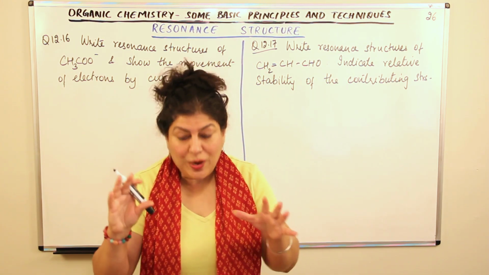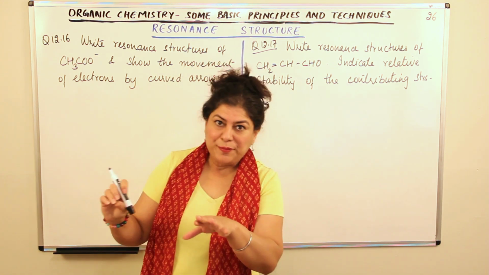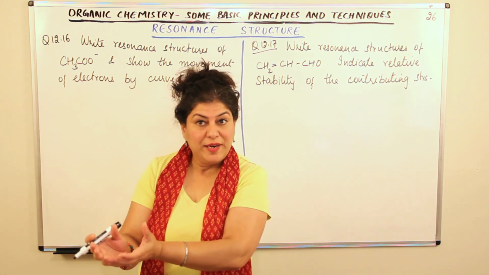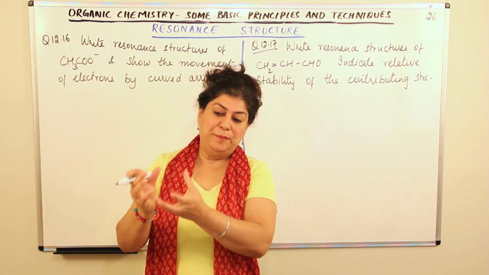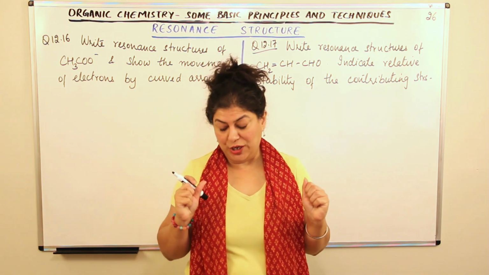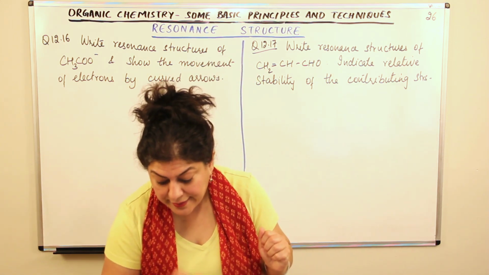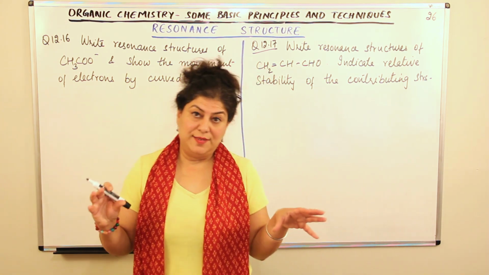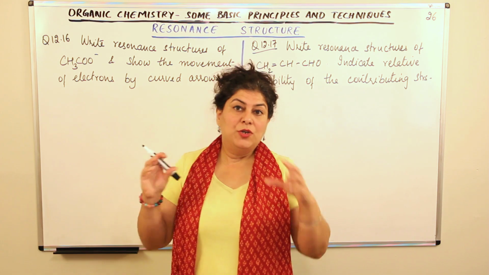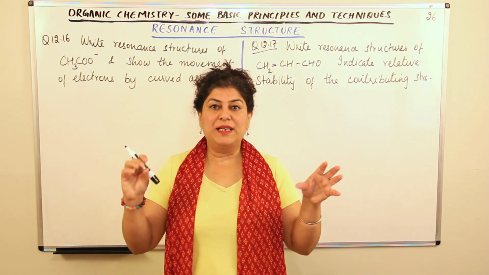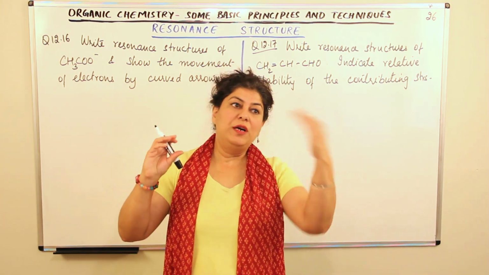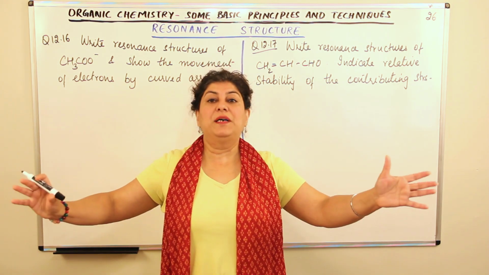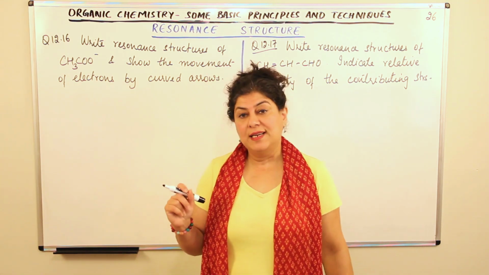So there should be less separation of charges, and if there is separation of charges, then the more electronegative atom should bear the negative charge. And the more the dispersal of charge, the more stable is that structure. If the positive and negative charges are not sitting at one place, the further off they are in a single structure, the more stable that structure would be.